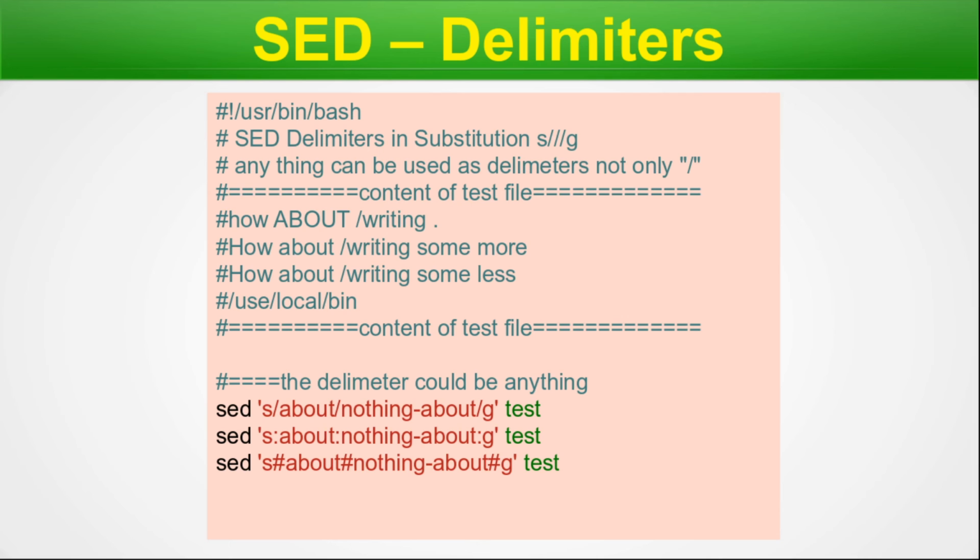So we can use anything other than slash, like colon or hash, and we can match a file path in Linux as is. The slash in the path and the delimiter will not get confused if we use a different kind of delimiter, and this is absolutely fine in sed.